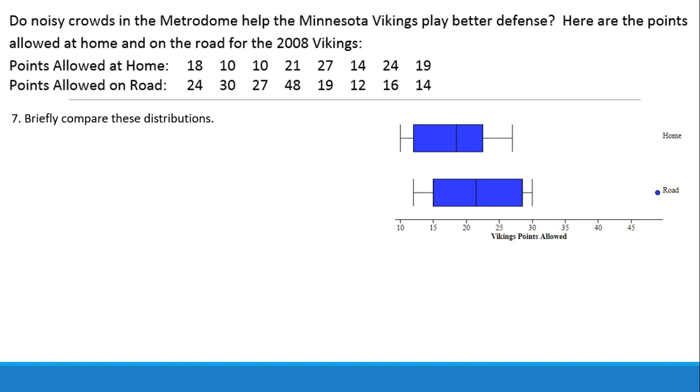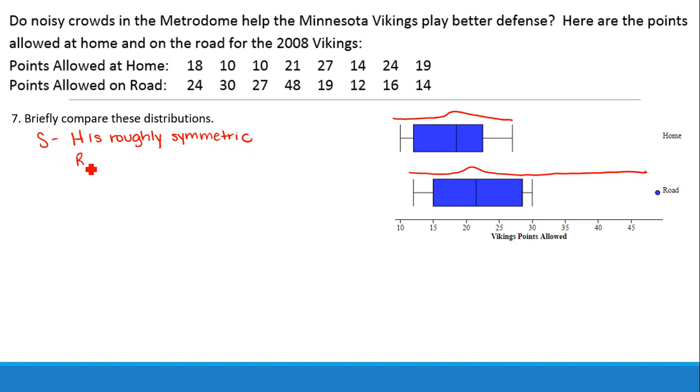Do noisy crowds in the Metrodome help the Minnesota Vikings play better defense? Here are the points allowed at home and on the road for the 2008 Vikings. Briefly compare these distributions. So if I draw over top of my graphs, I can see home is roughly symmetric. And road is skewed right.